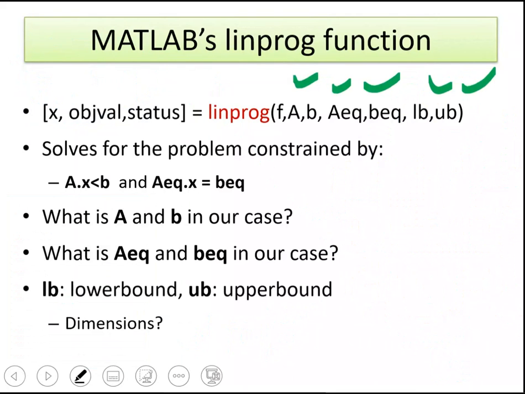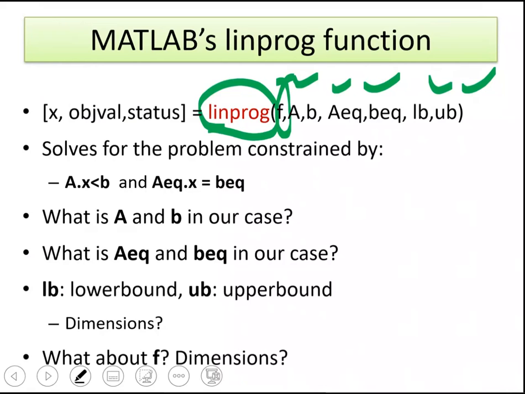I will finish by the definition of f. What did we not define so far? The objective function, right? How will we define the objective function? In this case, it is linear programming. So I know that all unknowns, and the objective function will be a function of unknowns, and those unknowns will not have any power other than 1.